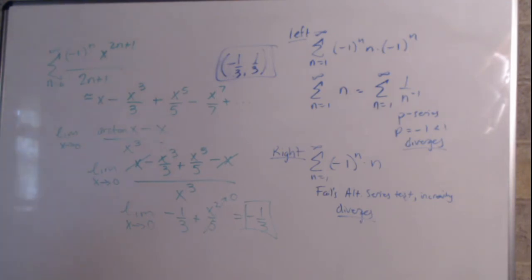4b, what's 4b? Sure, I can do 4b for you. So the Maclaurin for cosine of 2x.